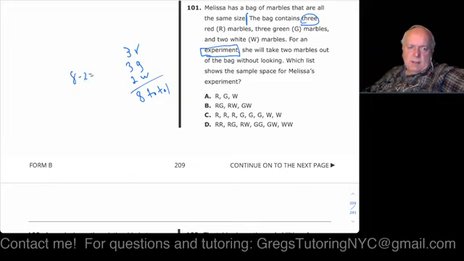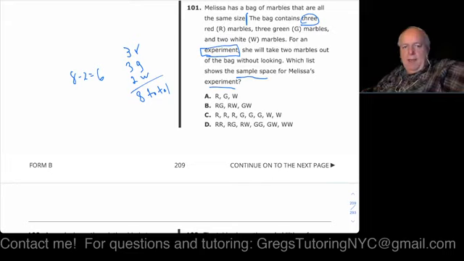Which list below shows the sample space for Melissa's experiments? Okay. Which would be that if she took 2 out? And again, sample space means it's working with her experiment.